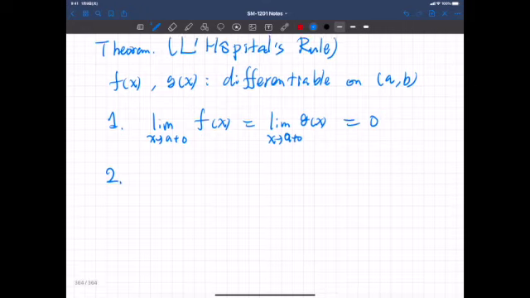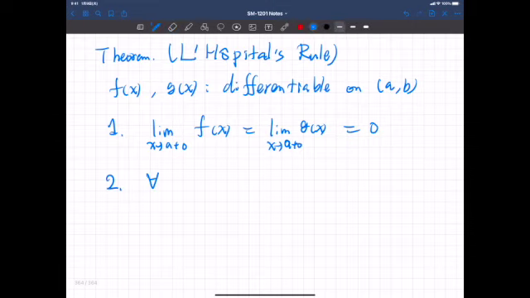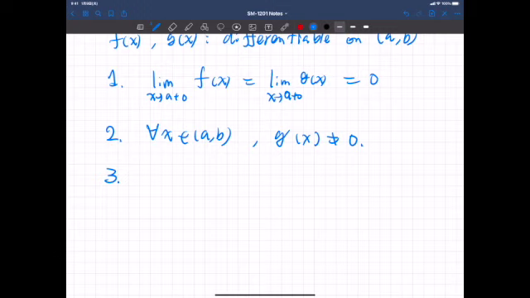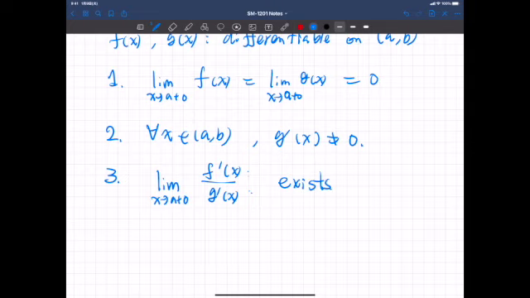Second, for all x in the interval between a and b, g prime, the derivative of g, is not 0. And third, the right limit as x approaches a of f prime(x) over g prime(x), the ratio of the derivatives of f and g, exists.